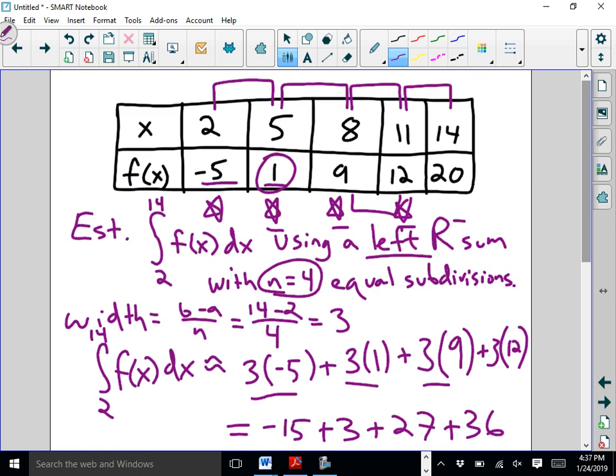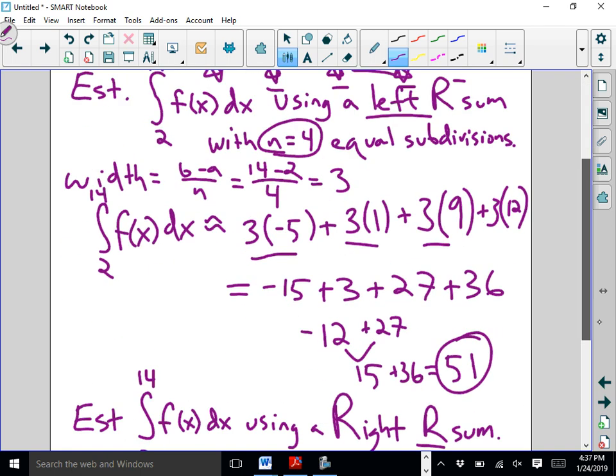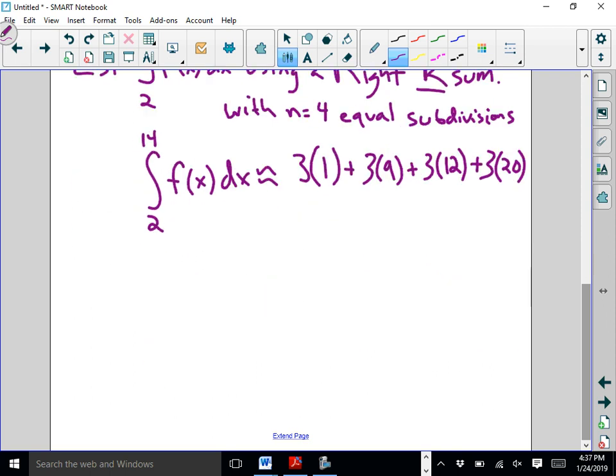Now, one thing that can save you time, especially if this is on multiple choice and you need to get the simplified answer, notice how, since we have equal subdivisions, I can solve this a little bit faster without a calculator, and I probably should have done that in part 1, by factoring out a 3.